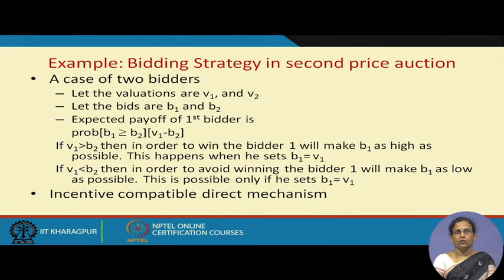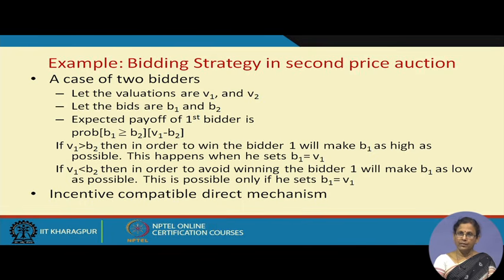Now, what is my expected payoff? First of all, what is my payoff? After winning this auction, what am I going to get? I am going to get V1 minus B1 if I am the first bidder. My valuation is 50 lakh rupees, my bid is 40 lakh rupees. If I win, I am going to save 10 lakh rupees. Now, what is the guarantee that I am going to win? That is a chance event.